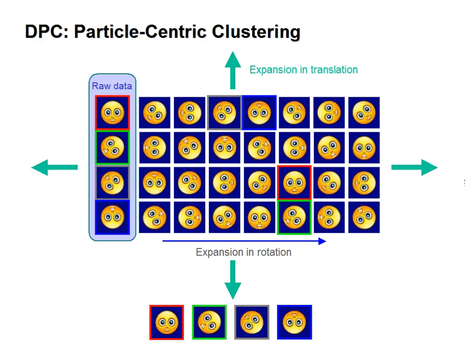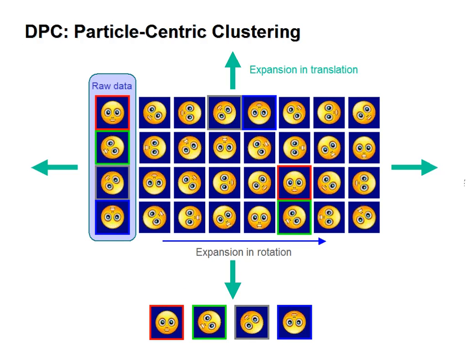The classifying against, yes, the principal component analysis is on the expanded data set. Okay. And then for the final clustering, we only look for clusters around each original particle image. Otherwise, there will be a huge amount of redundancy. Right. And at the end, there are as many classes as the number of raw particles.